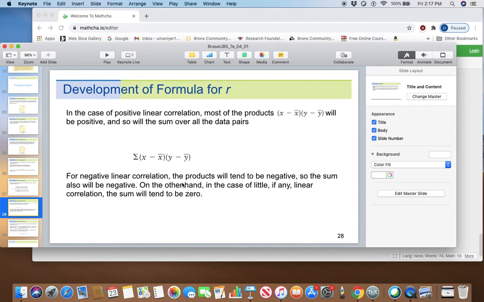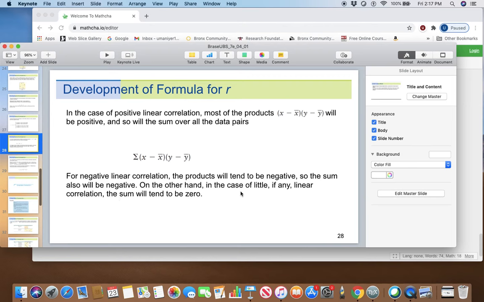For negative linear correlation, these products will tend to be negative, so the sum will also be negative. On the other hand, in the case of little, if any, linear correlation, some will be negative, some positive. When you add them all up, you will get closer to zero. Okay, positives and negatives will cancel.